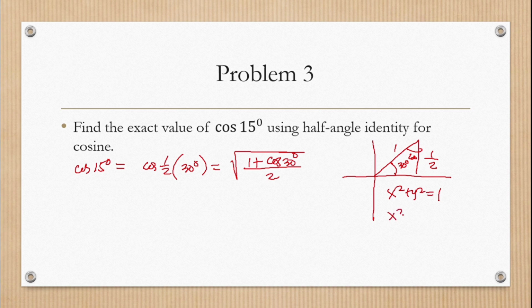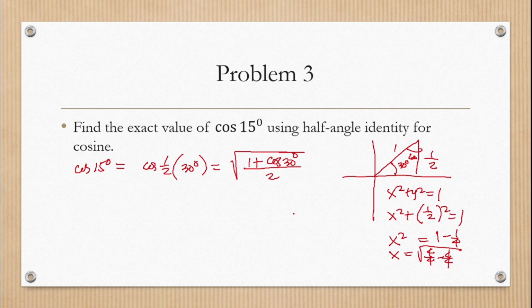So x squared plus 1/2 squared is equal to 1. So we have here x squared is equal to 1 minus 1/4.